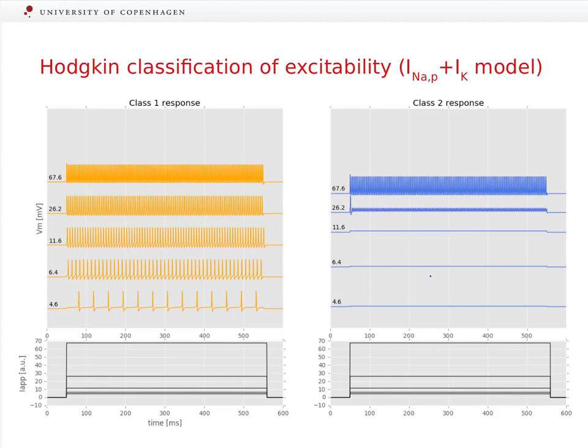So when the system is near the saddle node on invariant circle bifurcation, it displays a typical class 1 excitability, shown here. At low stimulus amplitudes, it produced low frequency spikes. At high stimulus amplitudes, the spiking rate gets much higher.